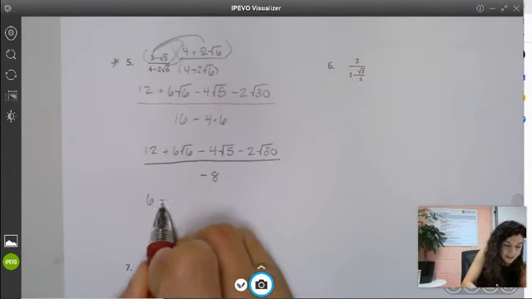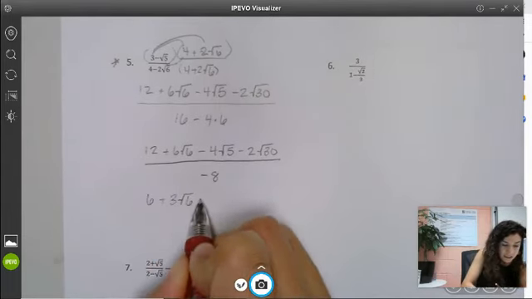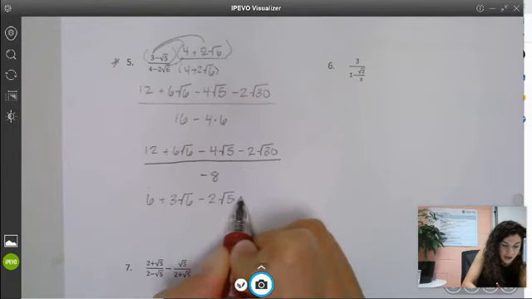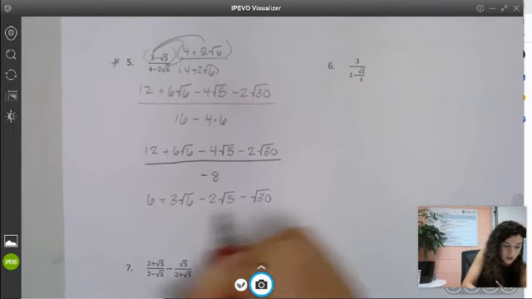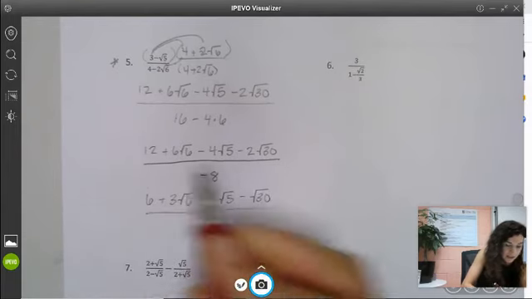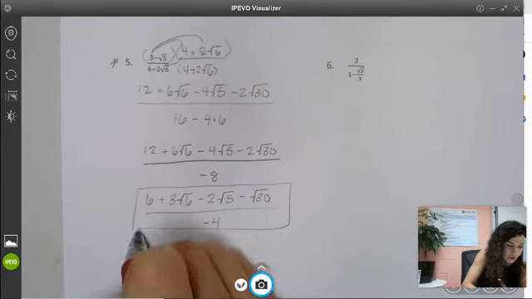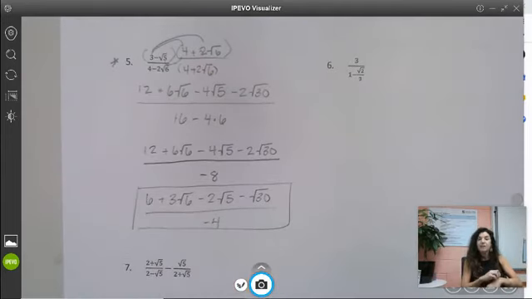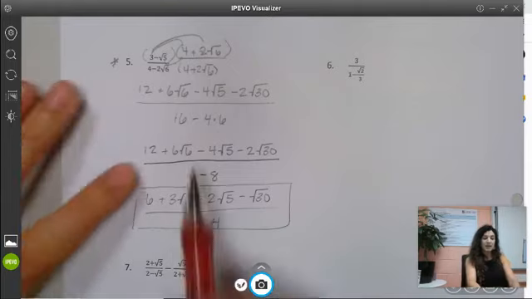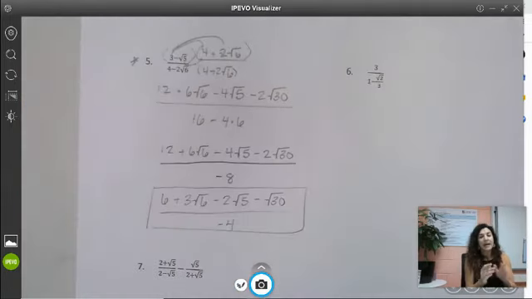So it becomes 6 plus 3 square root of 6 minus 2 square root of 5 minus the square root of 30, all divided by negative 4. It's crazy looking. Please remember that when you're dividing these coefficients by a number, you cannot divide inside of the radical, because they have to both be inside of a radical in order for them to multiply or divide together.